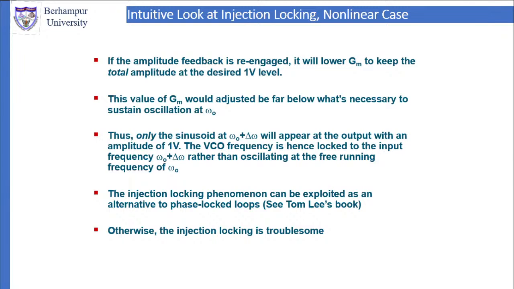The VCO frequency is hence locked to the input frequency of omega 0 plus delta omega rather than oscillating at the free-running frequency of omega 0. Since it is locked at omega 0 plus delta omega, we call it injection locking. Why do we call it injection locking? Because we have injected a sinusoidal voltage slightly away from omega 0 and we have locked the frequency to that omega 0 plus delta omega.